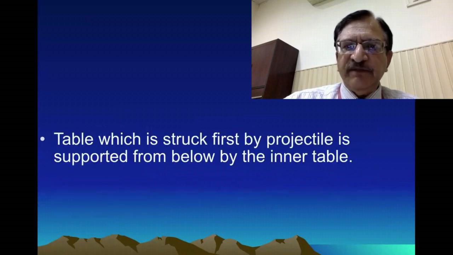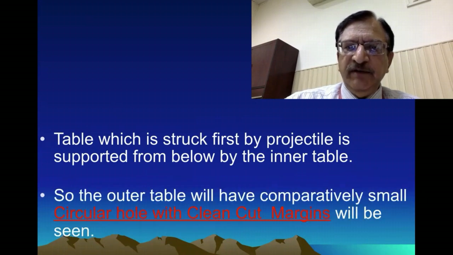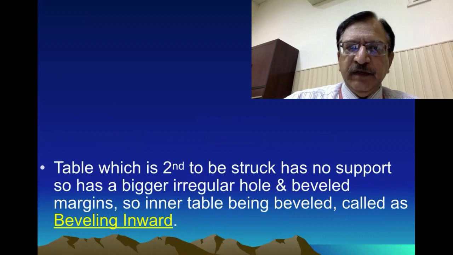The table which is struck first by the projectile is supported by the inside layer, which is the inner table. So the outer table will have a comparatively small, circular and clean cut margin hole. And the table which is second to be struck has no support beneath, so it will have a bigger irregular hole and beveled margins.